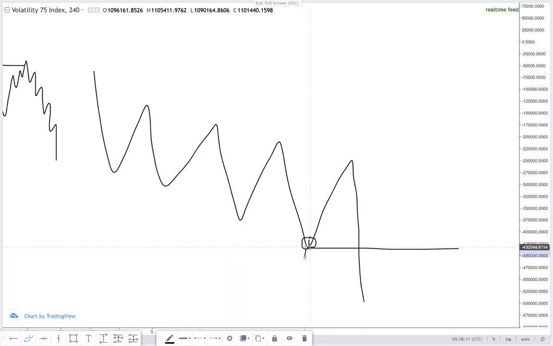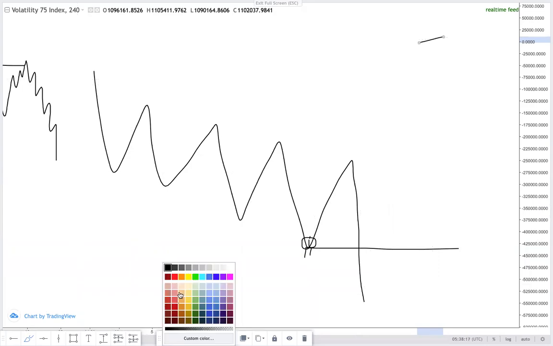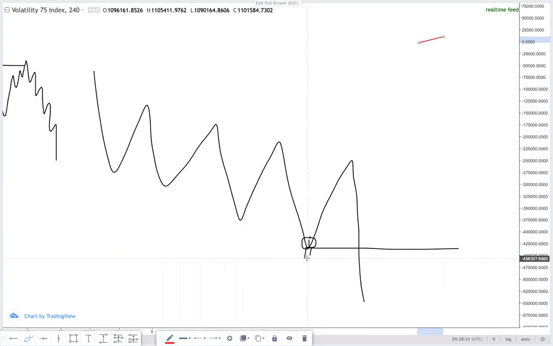This is the first wick, and this is the second wick right here. So you're going to place two lines to make our boundaries. We're going to place the first line at the beginning of this candle wick right here, and the second line right here at the beginning of this candle body.